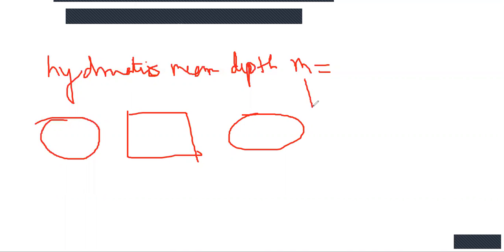M is the equivalent dimension for all types of duct.